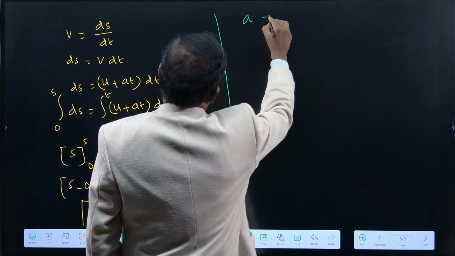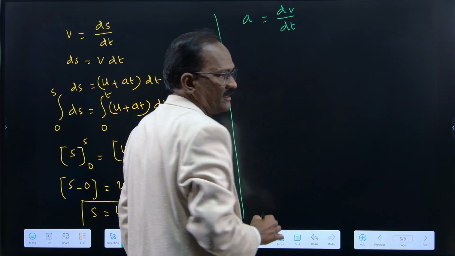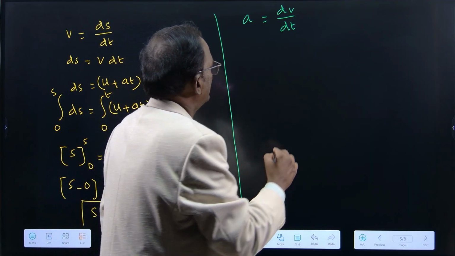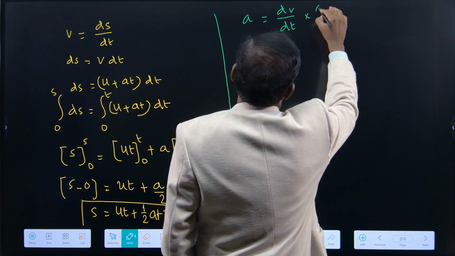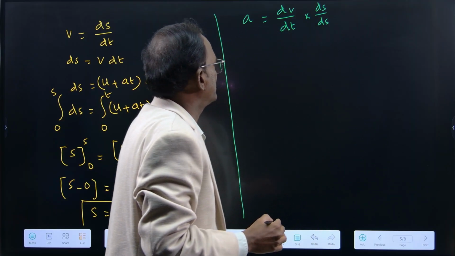a is equal to dv by dt. As I said, we have to eliminate t. The dt should not come here, right? For it, I am going to multiply it with ds by ds. The value won't change, right?